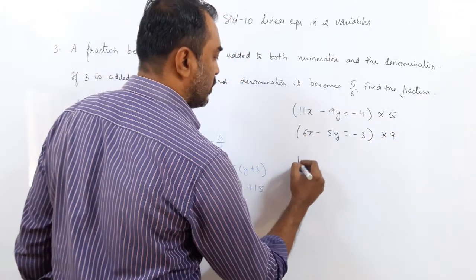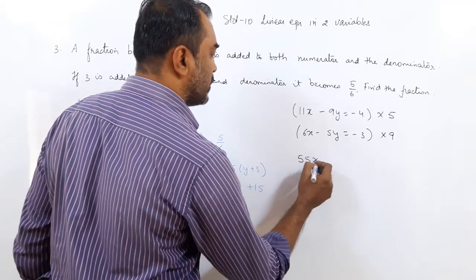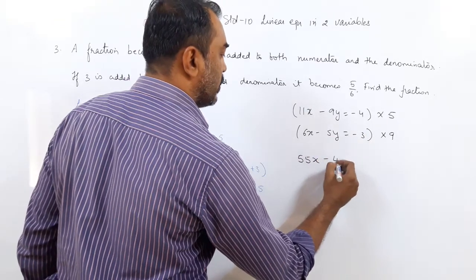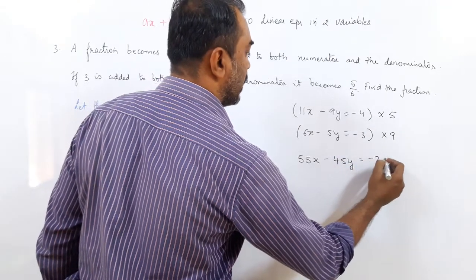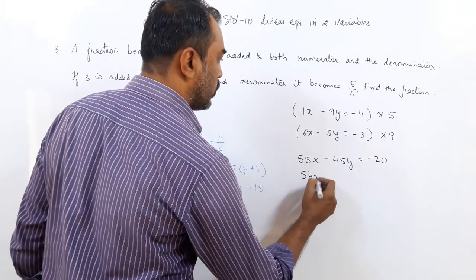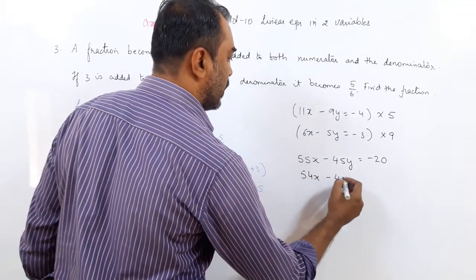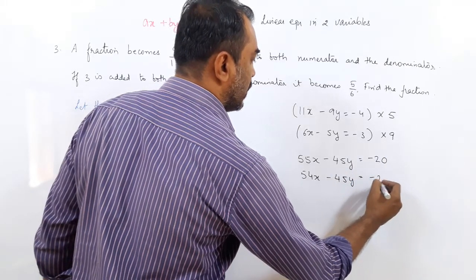So 11 5s are 55. So I've got 55x, 9 5s are 45, minus 45y equal to 4 5s are minus 20. 9 6s are 54x, 9 5s are 45, minus 45y equal to 9 3s are minus 27.